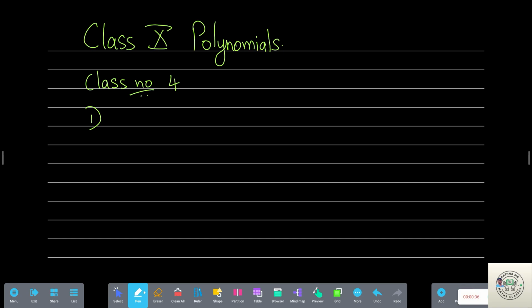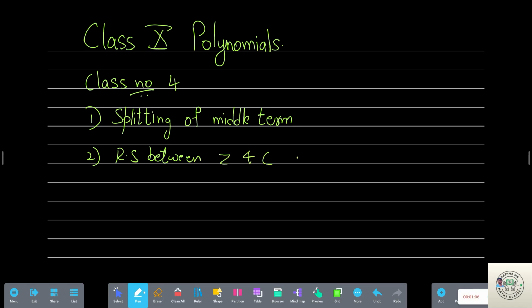One topic you already learnt in your 9th class, that is splitting of middle term to find out the zeros, and second one is relationship between zeros and coefficients of quadratic polynomial.